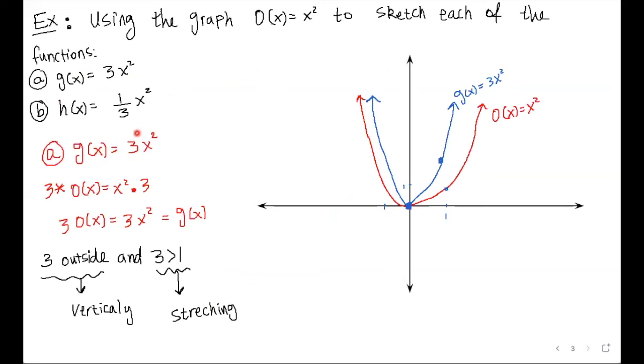First of all, look at the number. It's 1 over 3. Is it outside or inside the function? It's outside, yes. Second question, is 1 over 3 greater than 1 or between 0 and 1?